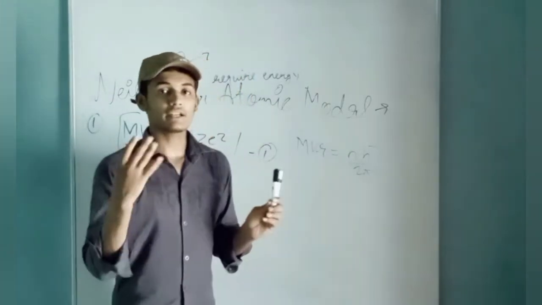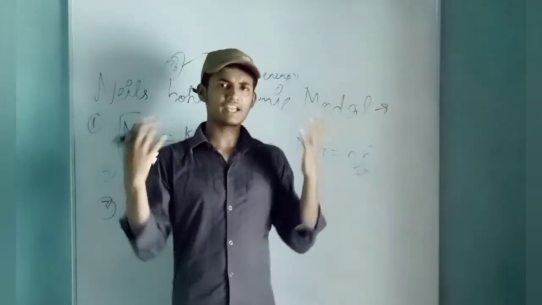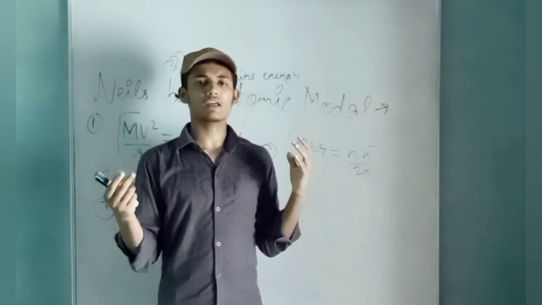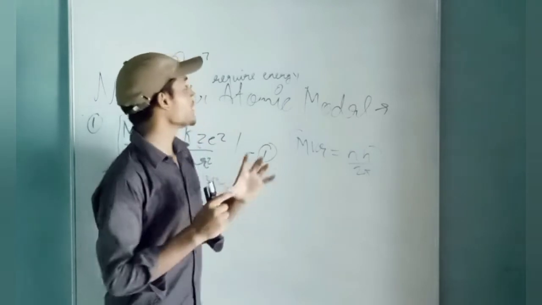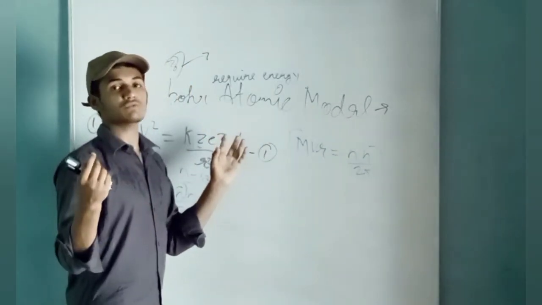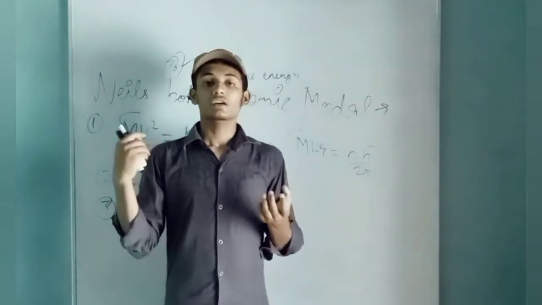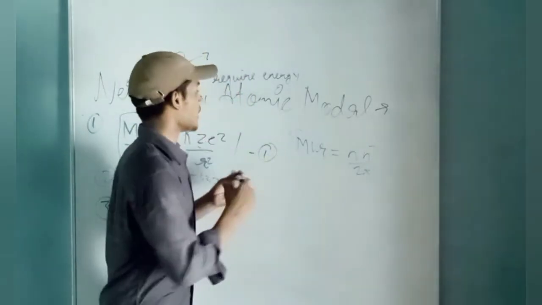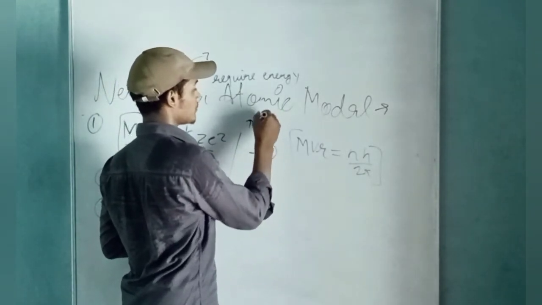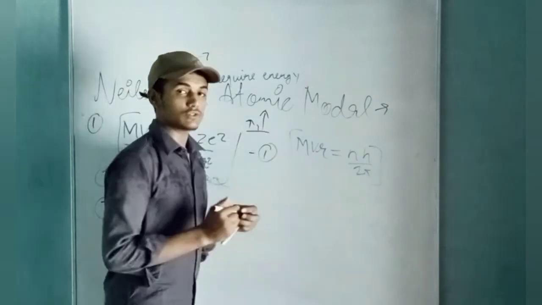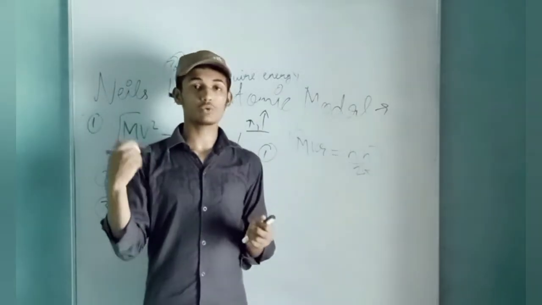At a higher orbit the electron has more energy, and any particle with more energy is less stable. So when it comes to a lower orbit, it releases energy to become stable. At a higher orbit it takes some energy, because going from a lower stage to a higher stage needs energy.